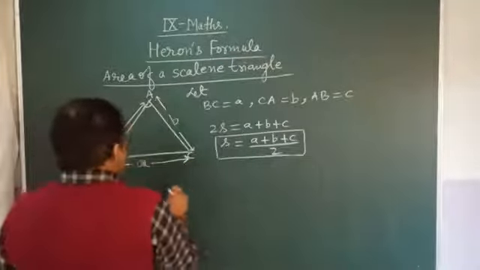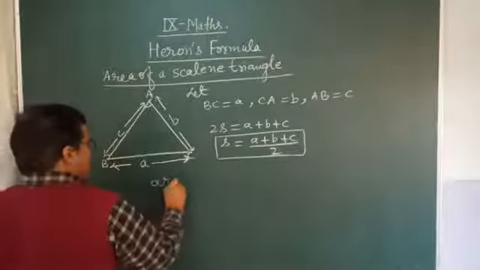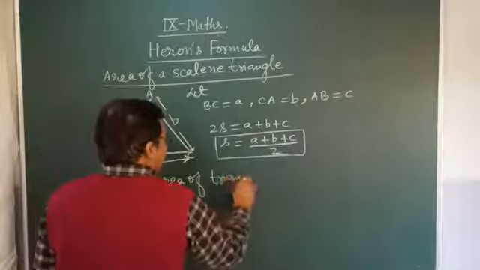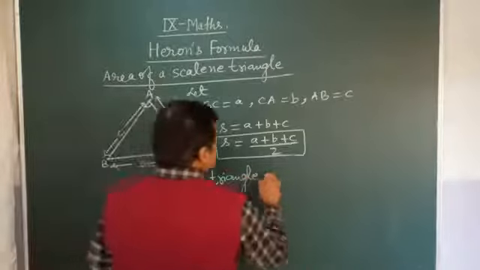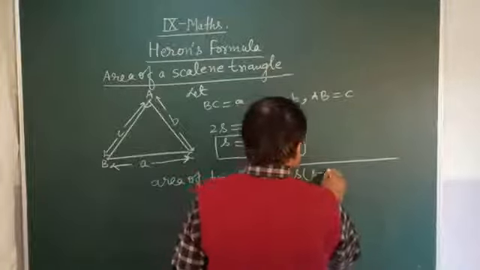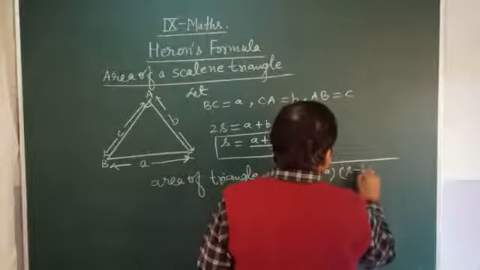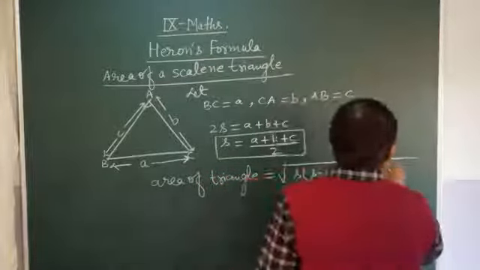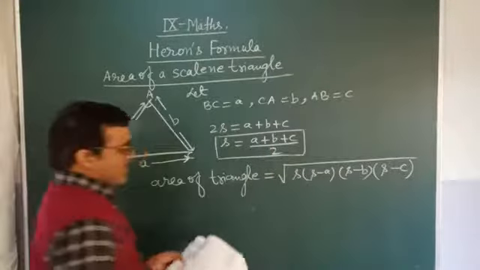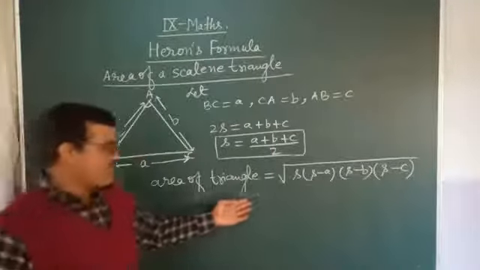By using this we can find the area of the triangle. Area of triangle is equal to under root s into (s minus a) into (s minus b) into (s minus c). This is the formula to find the area of a triangle.